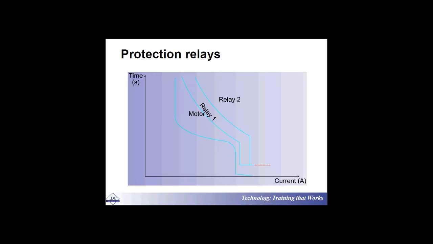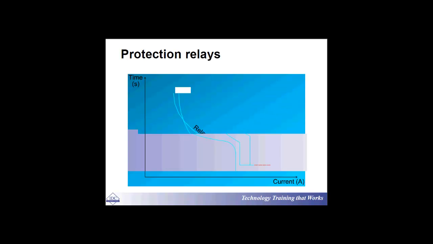Okay? And there must be a gap between the operating time of relay number 1 and relay number 2, as you can see in here. So that is the concept. But if, however, these two curves of the relays intersect with each other, in that case you have got a problem. In that case, the backup protection may operate first for some particular currents.